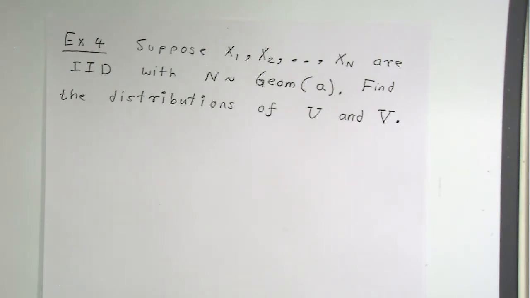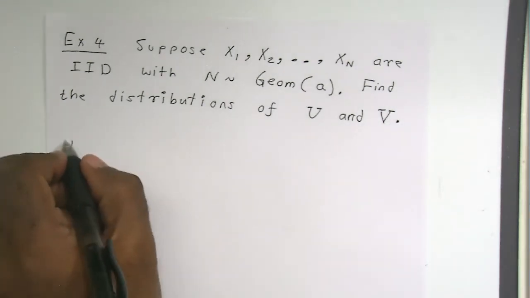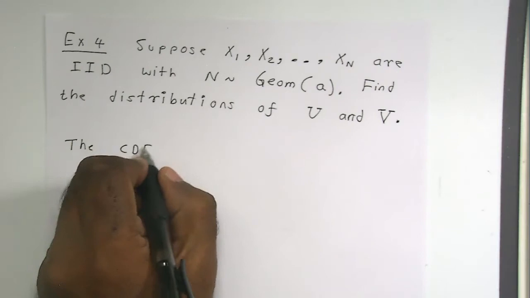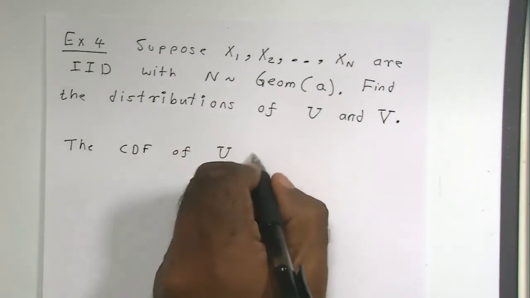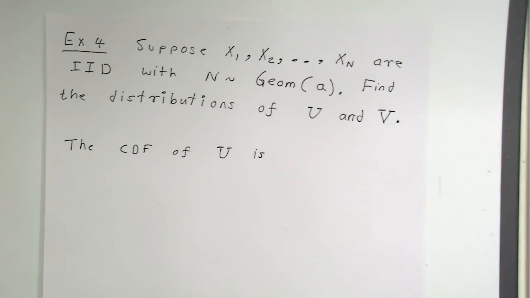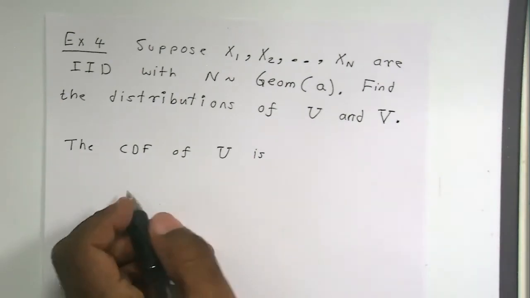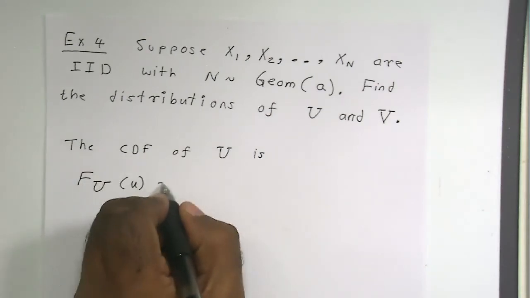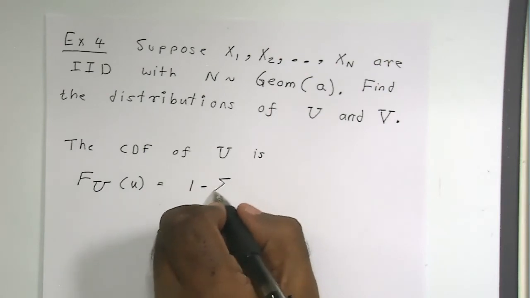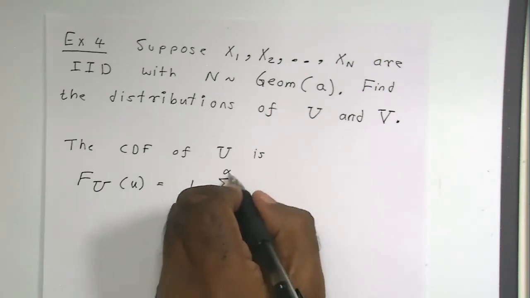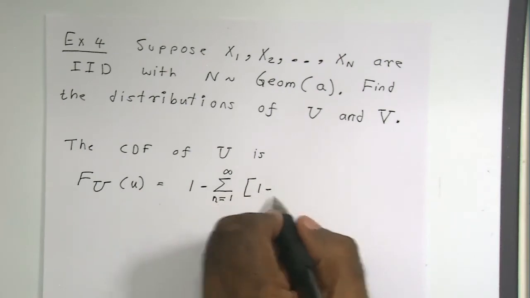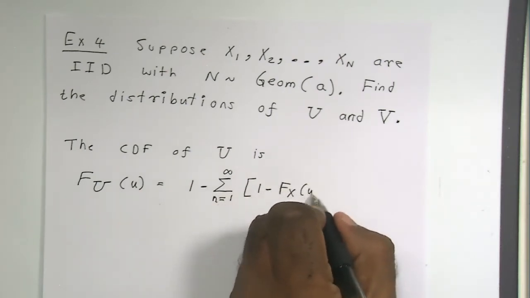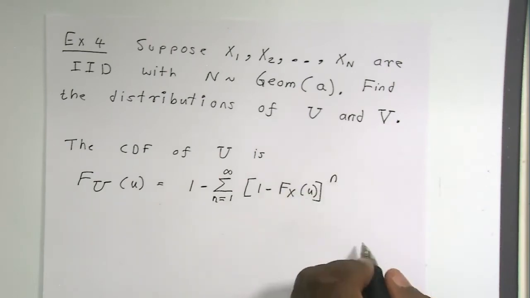Let's start with the CDF of U first. If you use the formula that I just mentioned, this is the formula for the CDF of U. What's the geometric?